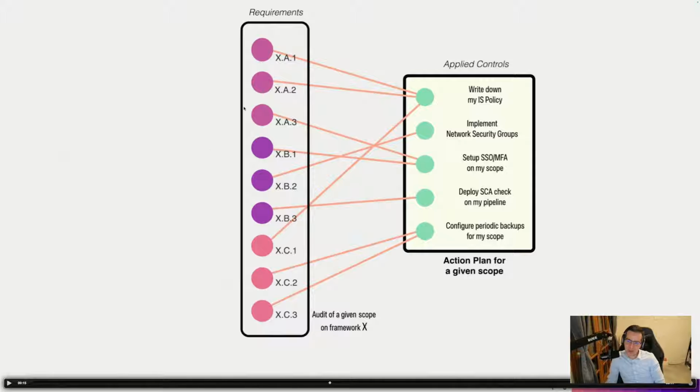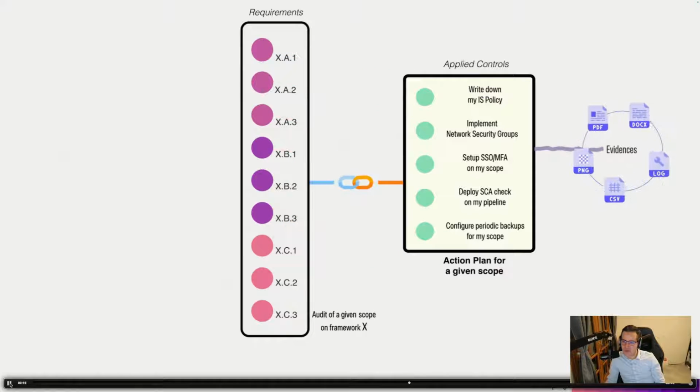The idea of decoupling is that instead of having all those items living in the audit, they're just linked to the action plan, so that whenever you need to collect evidence to show your level of compliance, you will not do that on the audit itself, but on your action plan. It might sound too simplistic or too obvious, but it's actually why we made it this way, because we're trying to bring things back to what makes sense in the most straightforward way.